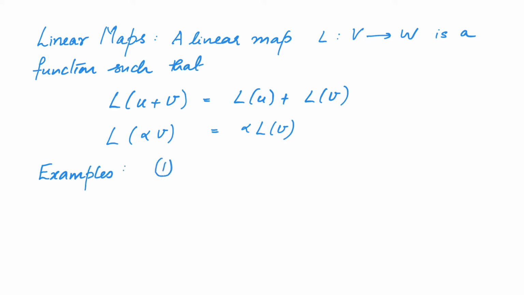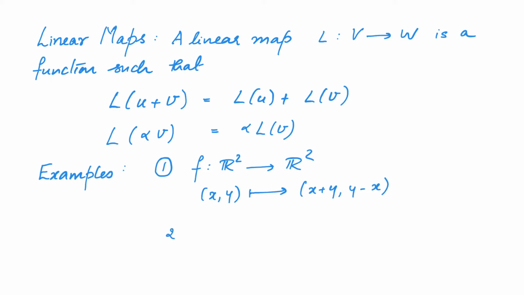One of the first examples of linear functions that we saw was the function f from R2 to R2 that takes the element x comma y in R2 to the element x plus y comma y minus x.